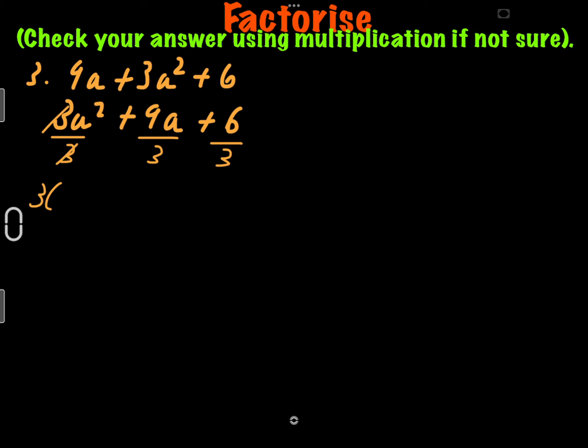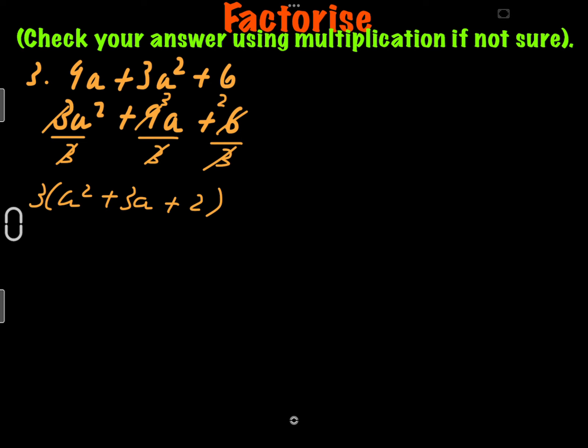So 3 and 3 will cancel out. We have a squared plus, so 3 into 3 enters once, 3 into 9 enters 3 times. So we have 3a, 3 into 3 enters once, 3 into 6 enters twice, plus 2, close bracket.